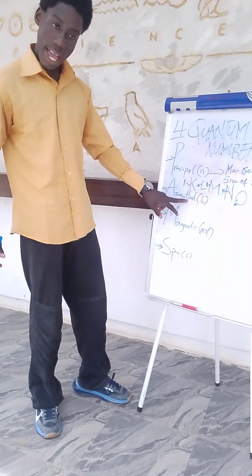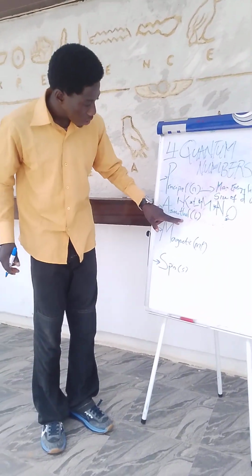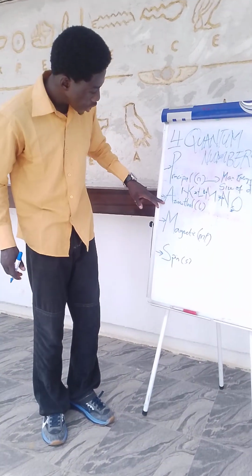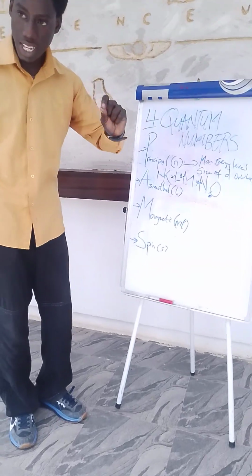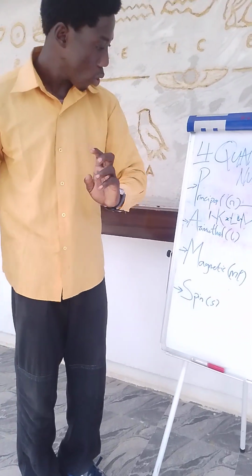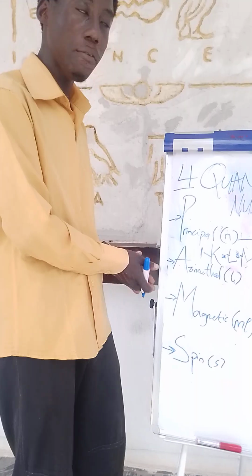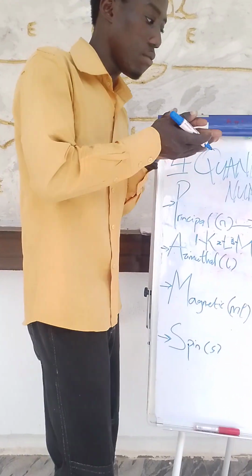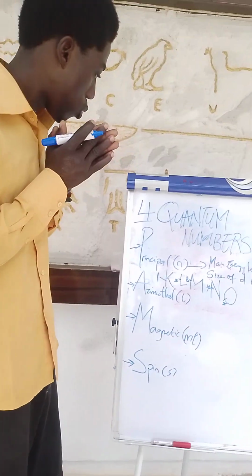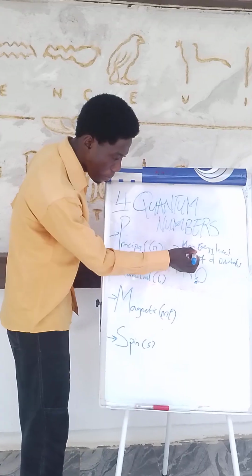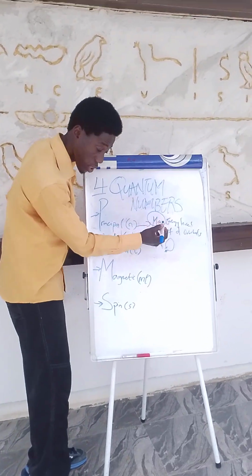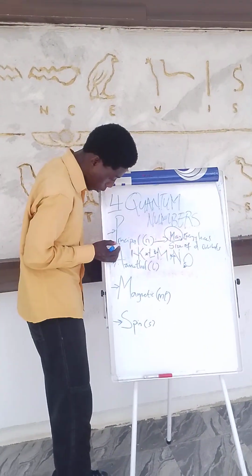Then the azimuthal is telling you about the energy sub-level. Please don't mistake azimuthal for principal. If they are talking about the main energy level, look for principal.